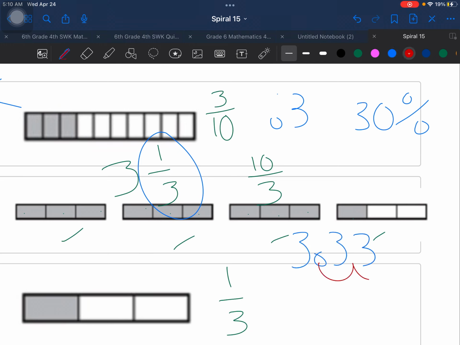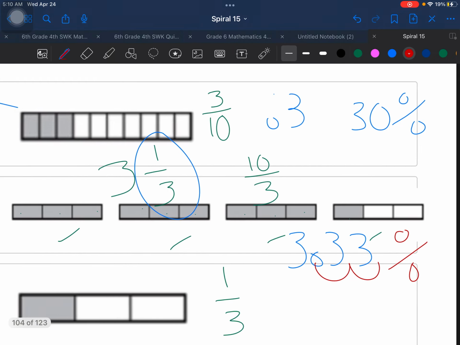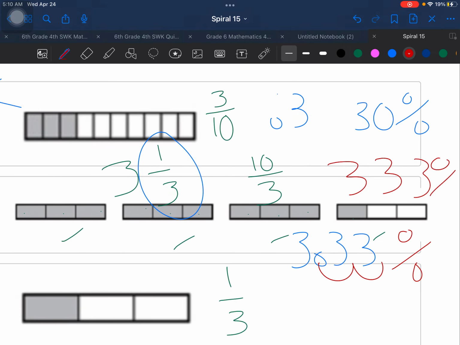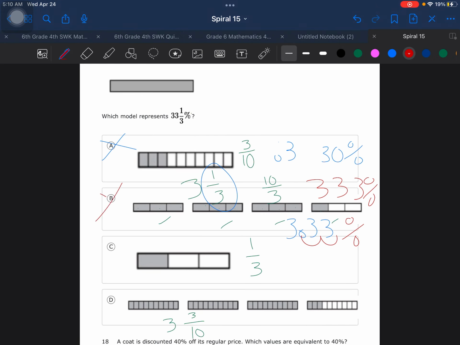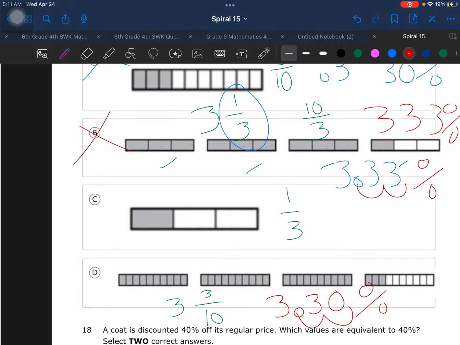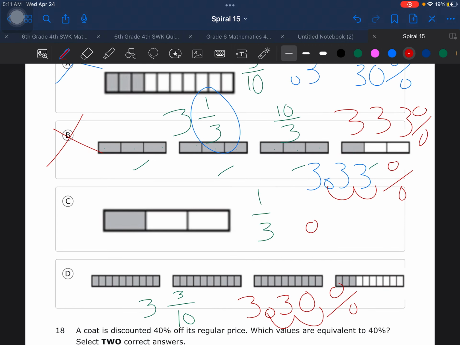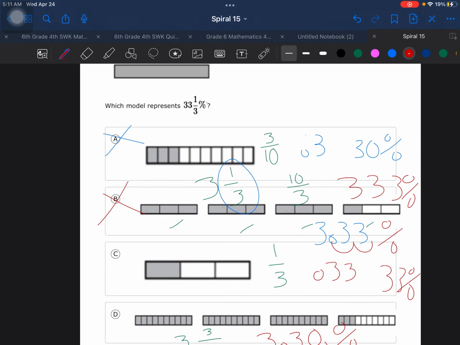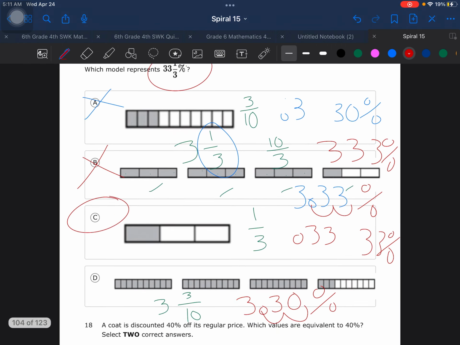If you move it 2 times to the right to make it a percentage, this is 333%. So I think it's a little bit too much. Same thing with this one. The only thing, it would be 330%. This one, when you divide, is 0.33. 33 percentage. That's exactly what you want.